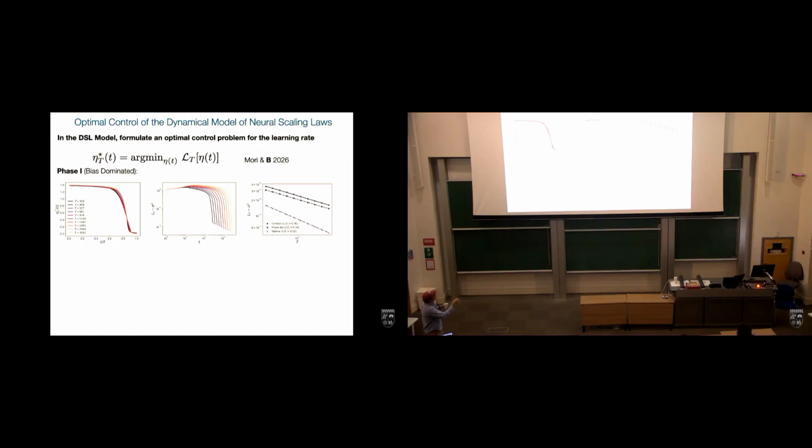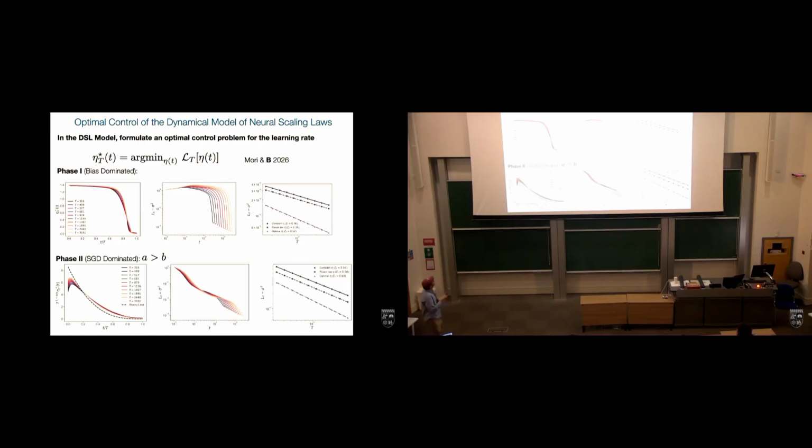Even with the optimal constant learning rate, you have a different exponent in this SGD-dominated regime. If A is bigger than B, it's a similar story, so you get a better capital T scaling law for the final time. That's a different scaling exponent than what you get with constant. And you can see that the shapes of the curves collapse if you rescale the y-axis by this capital T factor.